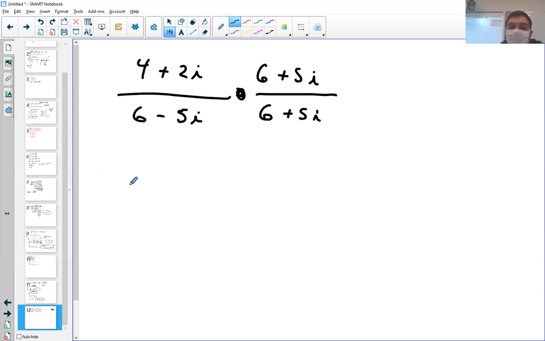So the bottom is going to be 36 plus 25, because this will be negative 25i squared, so eventually it becomes positive. The bottom ends up being 61.